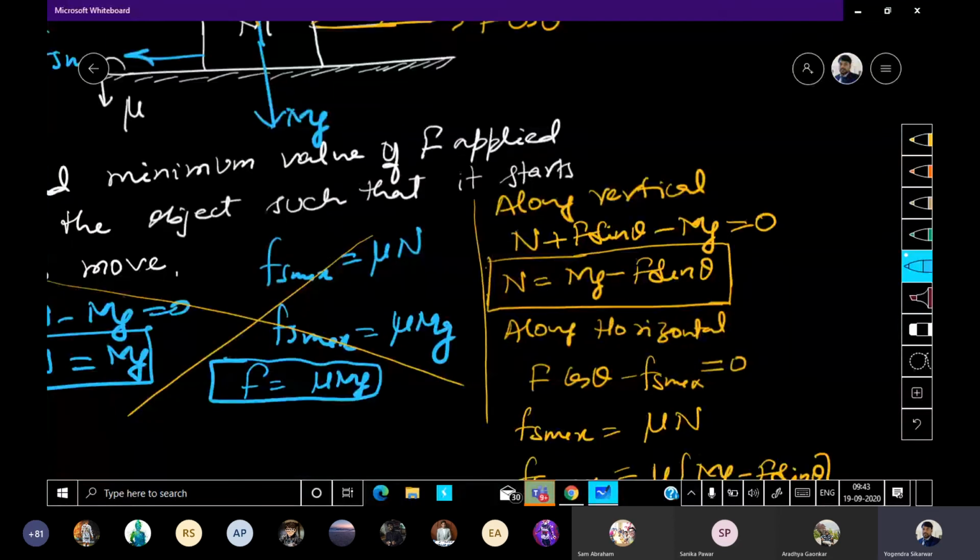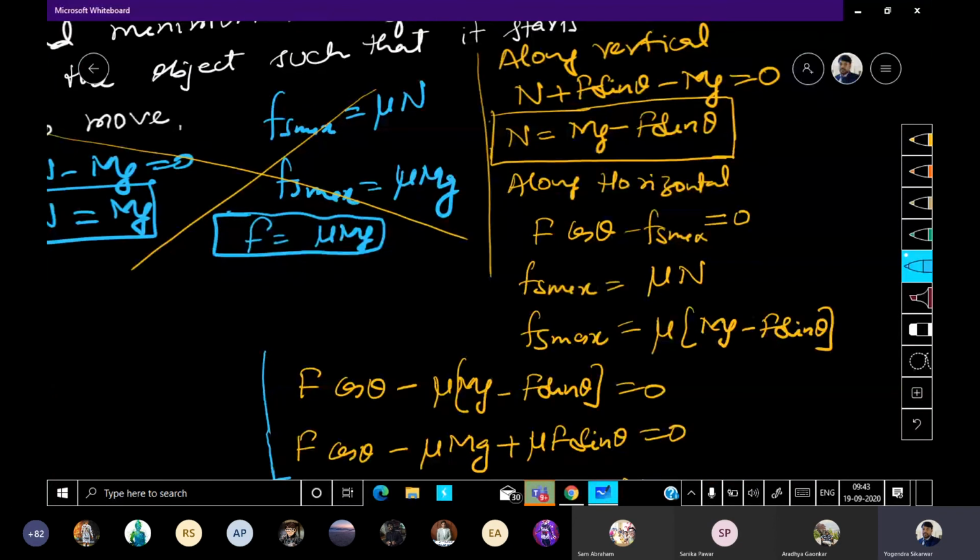Now along horizontal, we have F cos theta and we have Fs max. So F cos theta minus Fs max is equal to 0, and Fs max is equal to mu N. So Fs max comes out to be mu times (mg minus F sin theta). Then I kept the value of Fs max in this, and we got F cos theta minus mu times (mg minus F sin theta) is equal to 0.